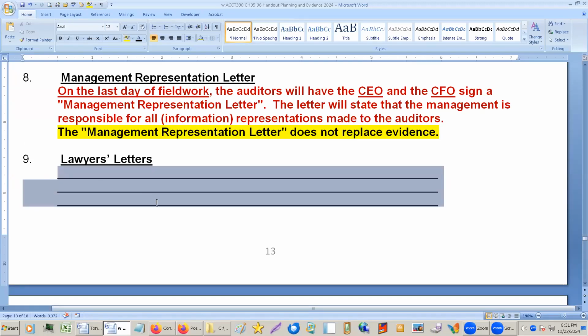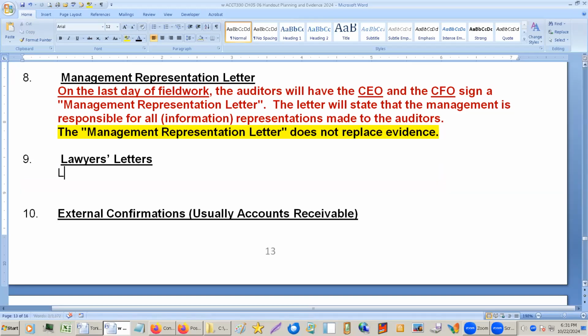Lawyer letters. These come from the client's attorney.